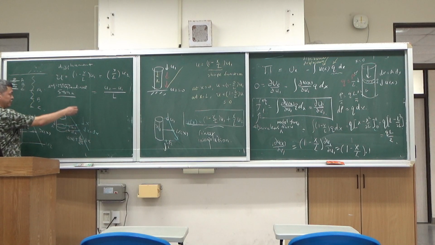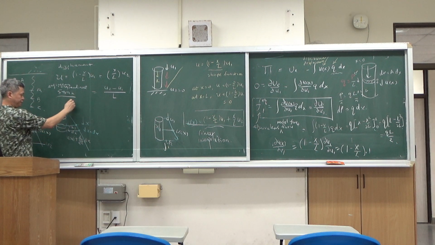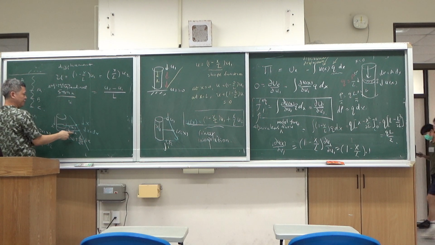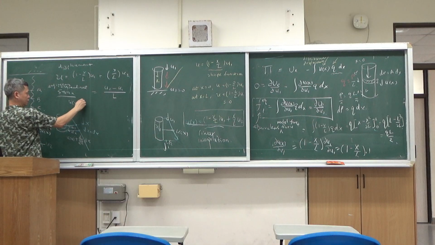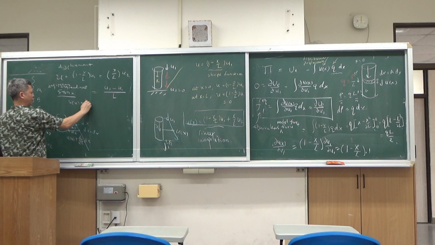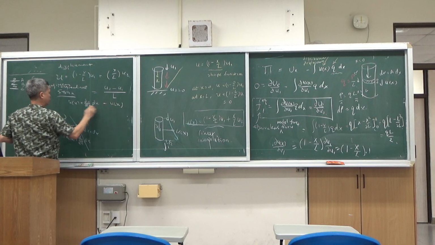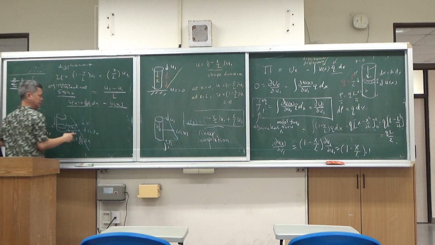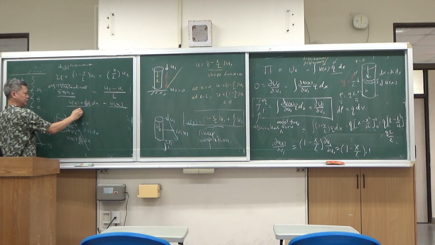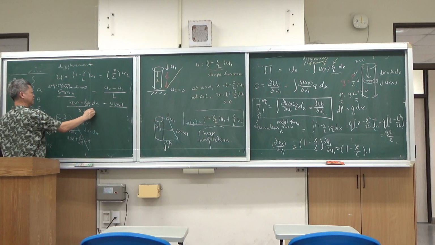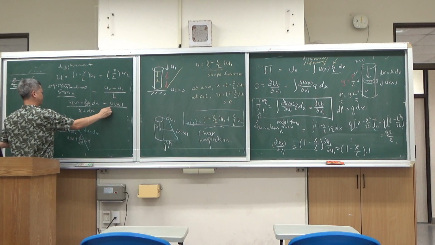So if you want to find out the strain, you take the difference. The difference here is the difference of the top and the bottom, divided by the length of the small piece, bottom displacement minus the top.